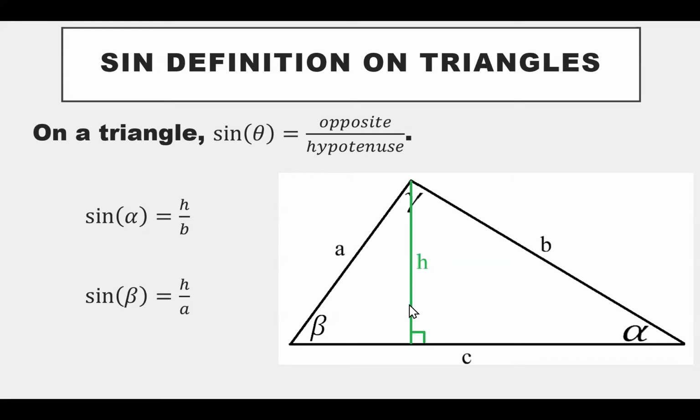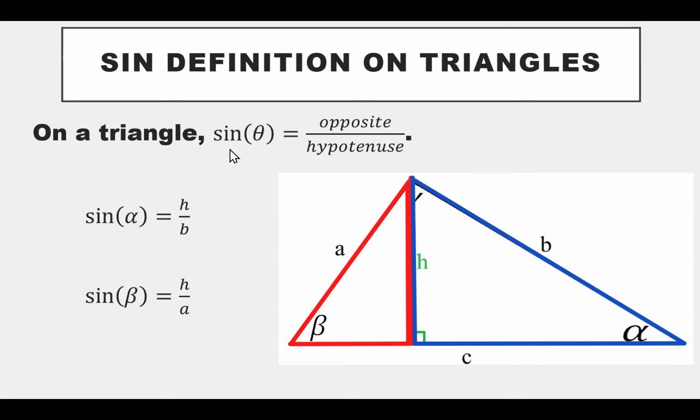This altitude has split my triangle into two right triangles, one that has beta, the other that has alpha. Here we have those triangles highlighted. Now, let's take a look at the triangle with beta in it. We know by definition that the sine of an angle in a right triangle is the ratio between the side opposite over the hypotenuse of that triangle.